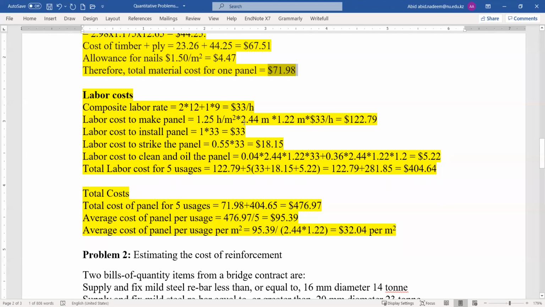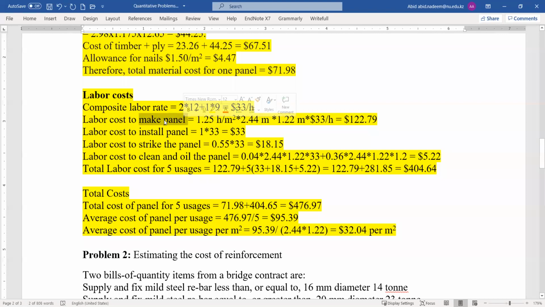So we need a total of 2.44 by 1.22 square meters. Therefore, we will need this many hours for making one panel, and since 1 hour of work costs us $33, for making one panel the labor cost will be $122.79. Okay, so this is the cost for making the panel.